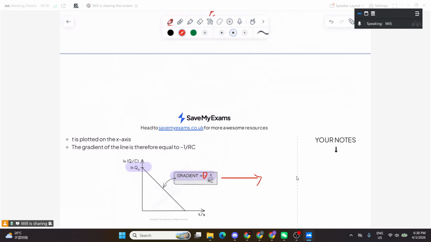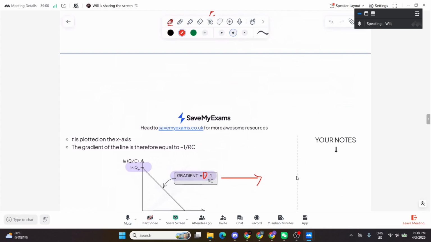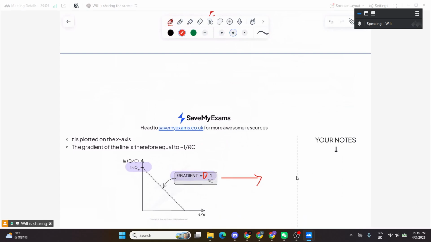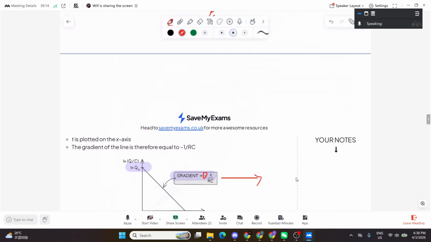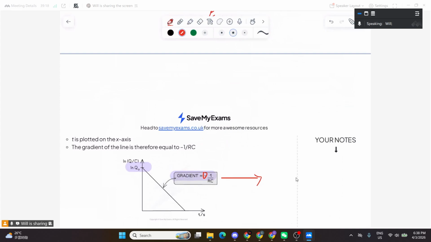The first thing you mentioned is that we can get the gradient. And how do we use the gradient to get the time constant?